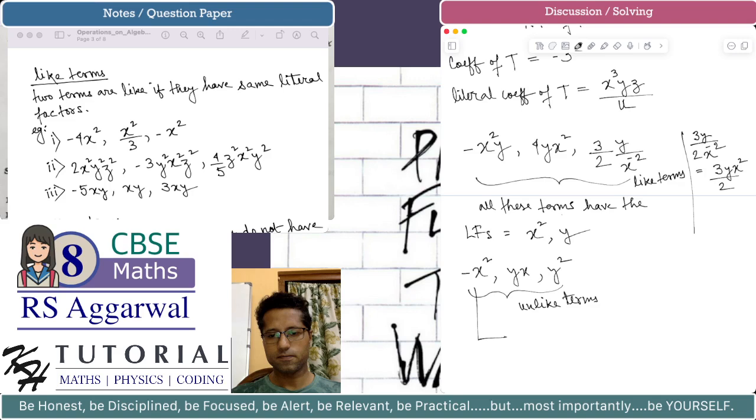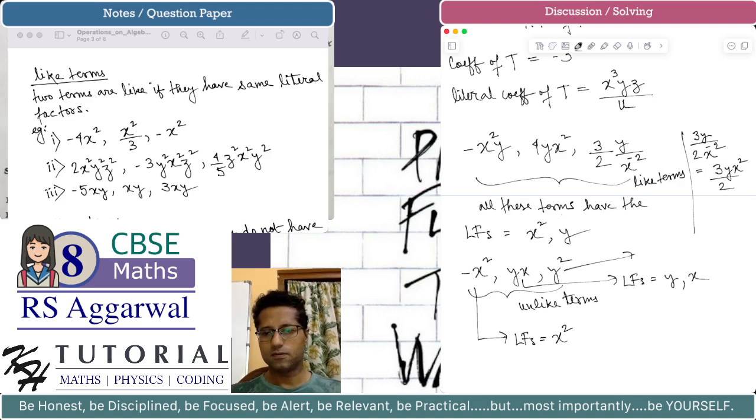For this term, the literal factor is x square. For this, the literal factors are y and x, so it's different. And for this, the literal factor is y square. They are all different, having different literal factors, so they are unlike terms. So this is about like terms and unlike terms.